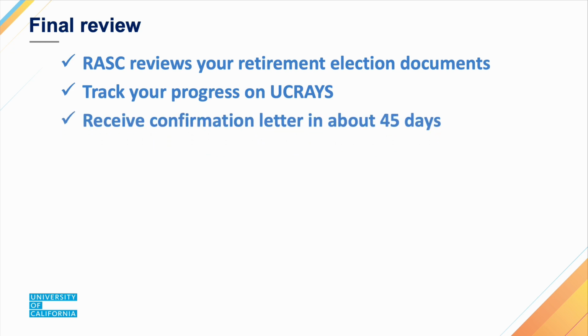And then you'll receive a confirmation letter roughly in about 45 days to 60 days, depending on how long it takes RASC to complete the review. And once they've processed everything is when they'll issue the confirmation letter. So RASC will reach out to you if any additional documents are missing or needed.